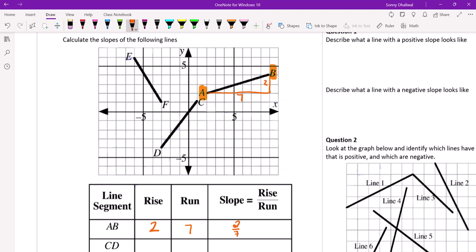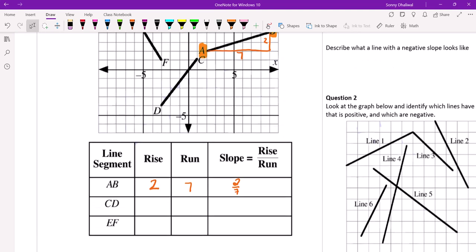There we go. Okay, CD. So the line between D and C. What is our vertical? What is our horizontal? 5 and 3.5. I'm going to draw my triangle. What do we have? 5 in which direction? Height. So you count our boxes. 5 this way.